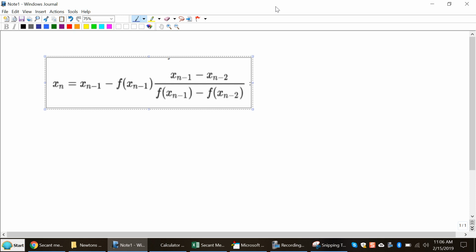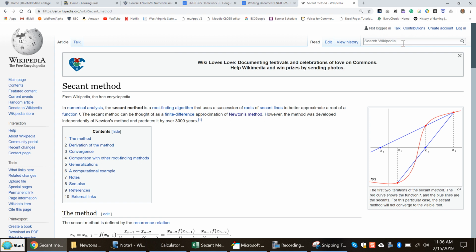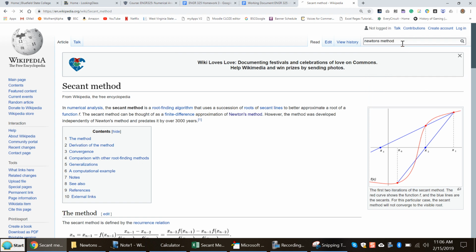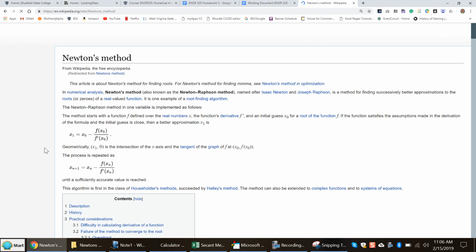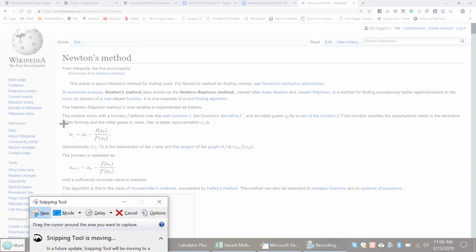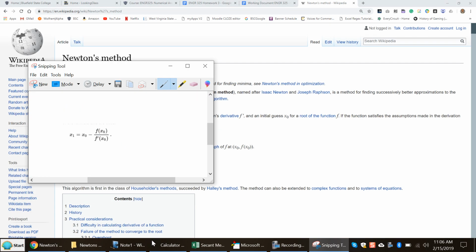Okay. So what you'll see is this is just Newton's method, right? So if we look at Newton's method, the two are identical. Essentially, they're identical.